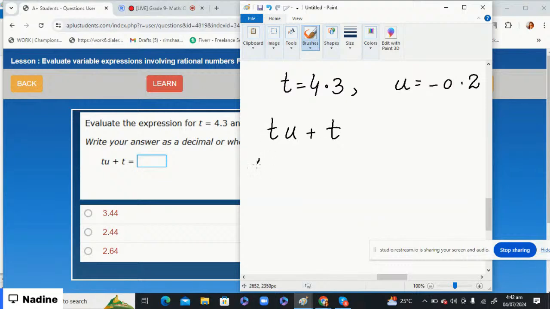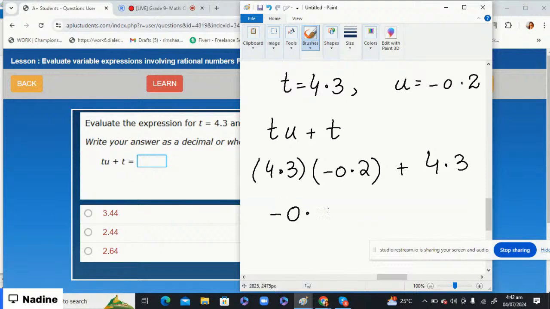In place of t, I'm going to put 4.3. In place of u, I'm going to put minus 0.2. And in place of t again, I'm going to put 4.3. Let's simply multiply t with u. 4.3 times 0.2 is minus 0.86.